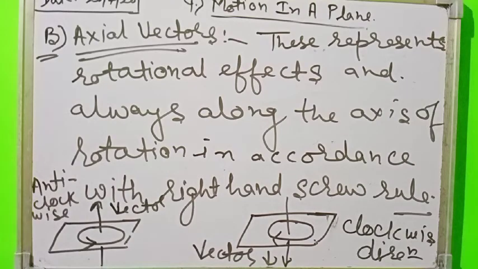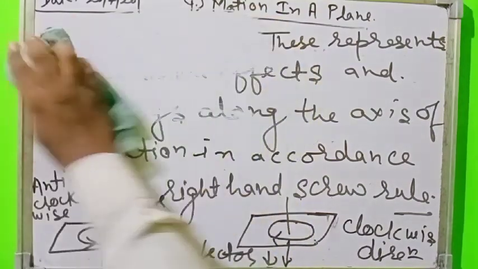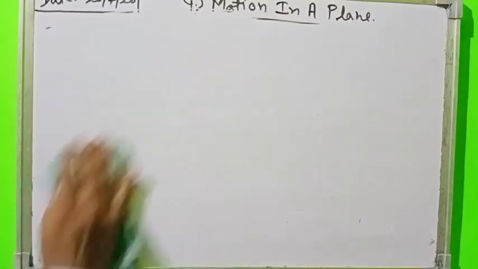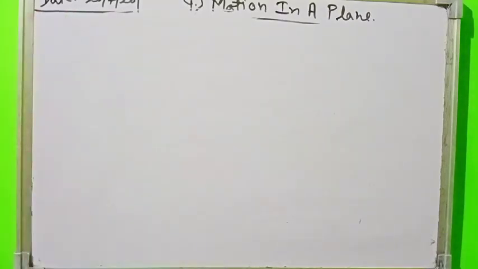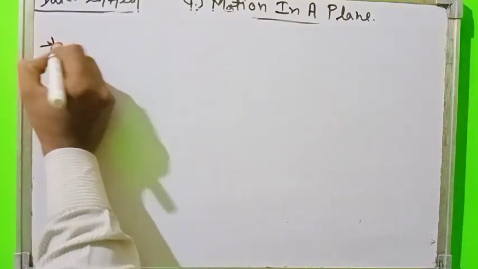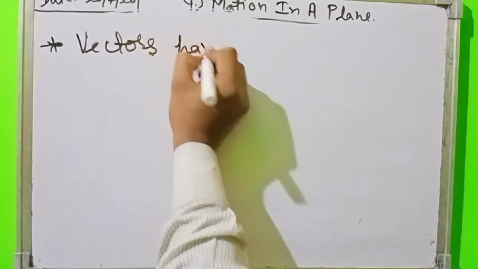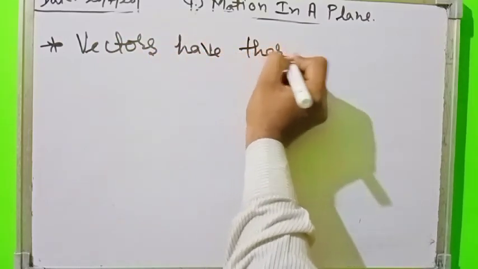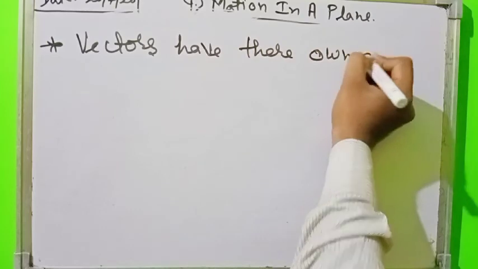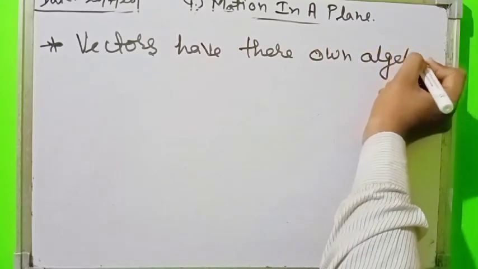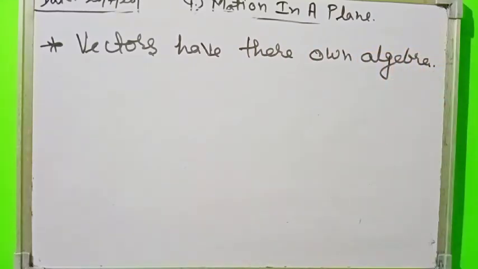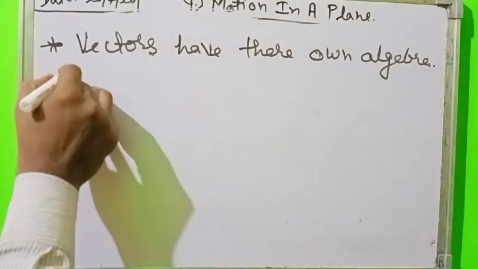Now, one thing is worth noting, that vectors have their own algebra. Vector algebra is another thing, and it is quite different from ordinary algebra.